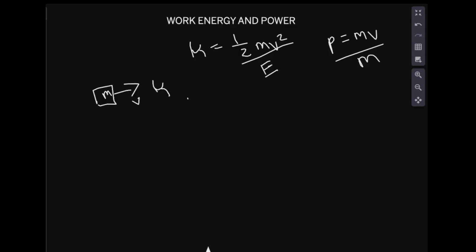This is now how F net work can also be translated into how you can calculate an object's initial or its final energy. Now, the SI unit for energy is also the Joule.